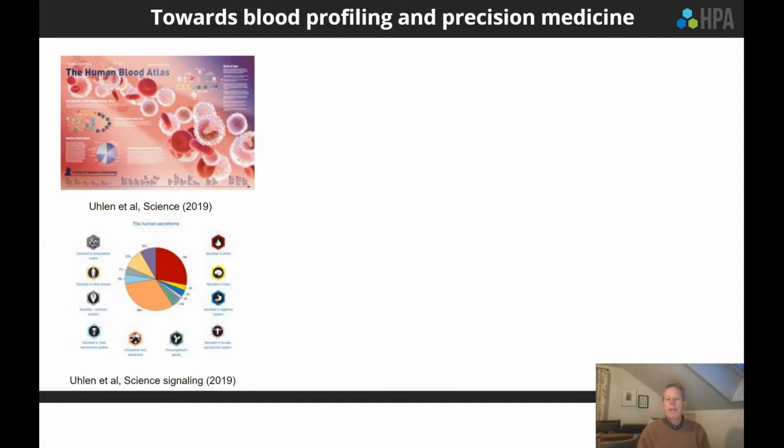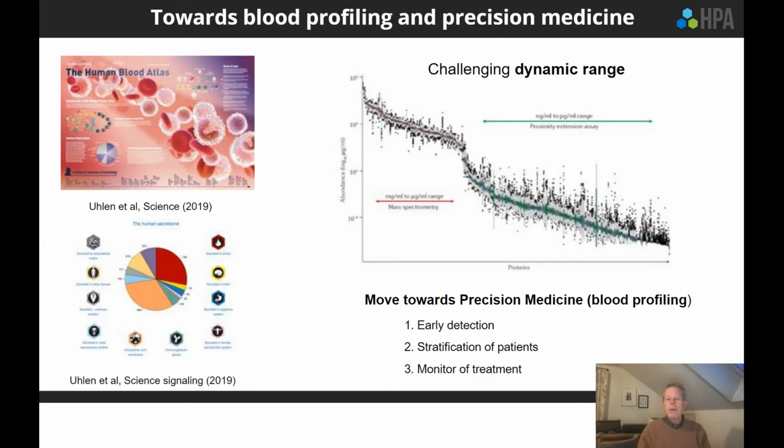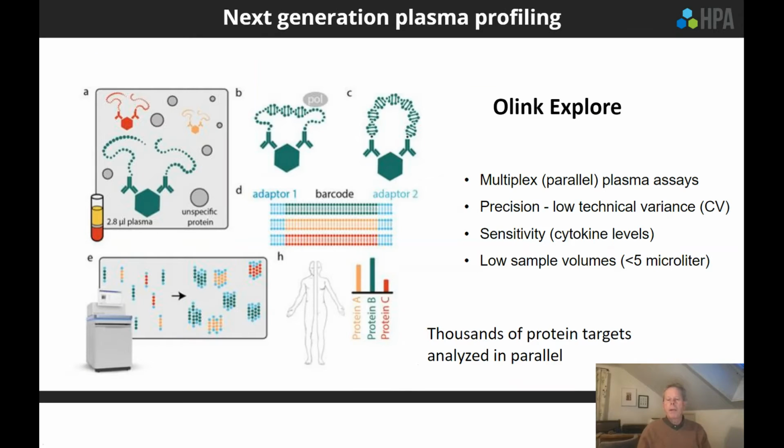But what has happened since then is that we now have technologies for looking also at the very low abundant proteins in blood. And that has allowed us to move into precision medicine with a focus on blood profiling, really to start in a completely new way, be able to do early detection of disease, stratification of patients, and monitoring of treatments. And I will focus today on the cancer part of that.